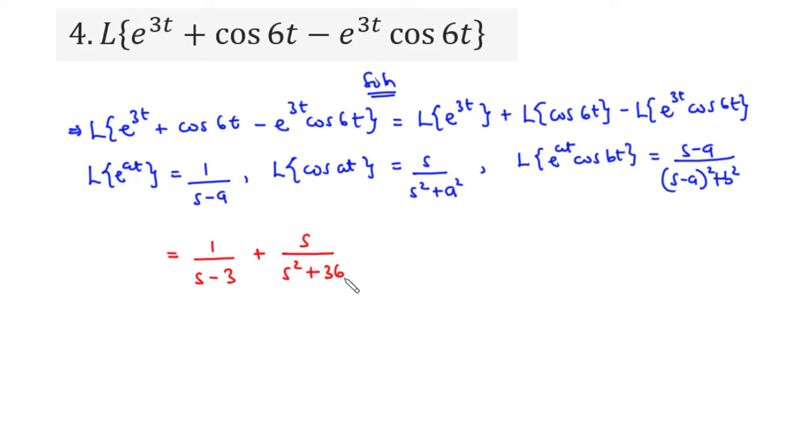So we have 36, minus, comparing this and then that, we have s minus a is s minus 3, divided by (s minus 3) squared plus b squared. Now b is 6, so 6 squared is 36. So therefore, this is the Laplace transform of the function given.